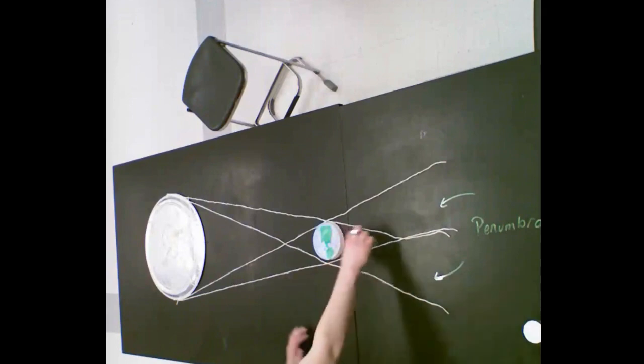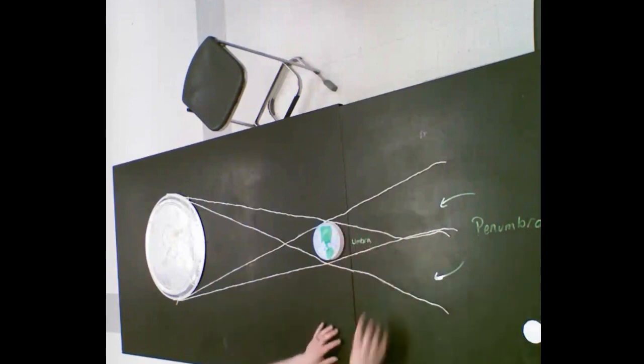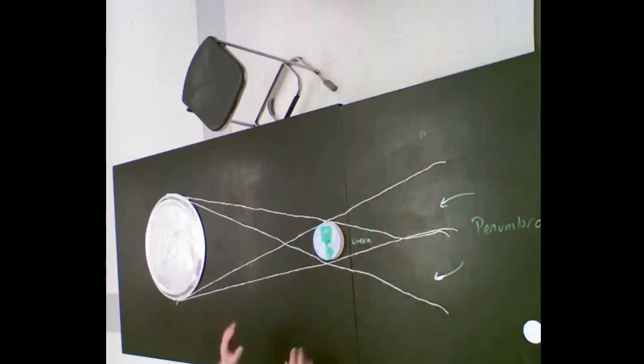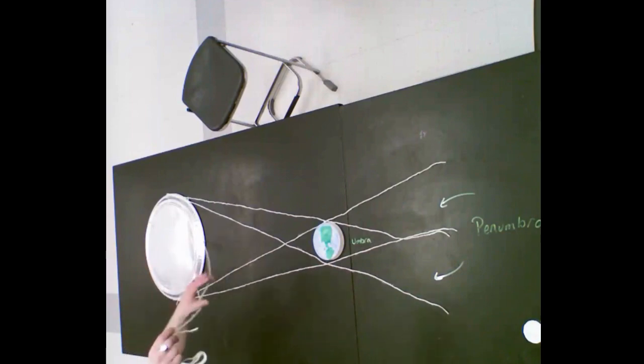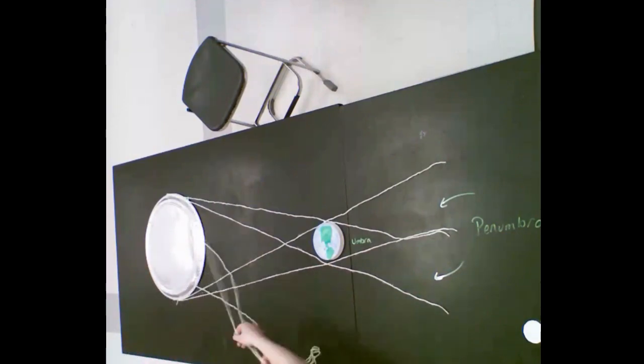So why is this region here completely and totally dark while these regions aren't? Well, let's look at some of the other light that releases from the Sun. We have some that releases from the top, and some from the middle, and some from the bottom.